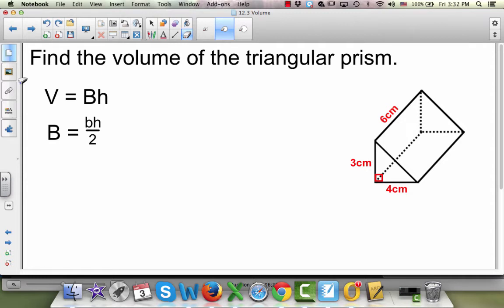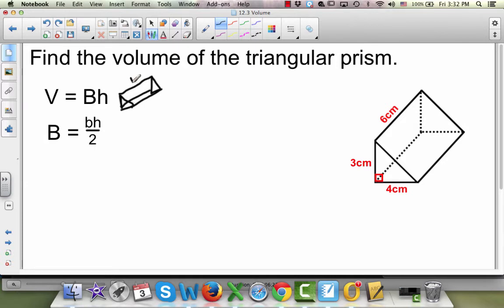Okay, find the volume of the triangular prism. We've got volume equals base times height, the big B, the little h. And look, we've got a little b and a little h right here. Let's not get confused between these heights. This height is of the triangular prism, which would be the line that connects the two bases.